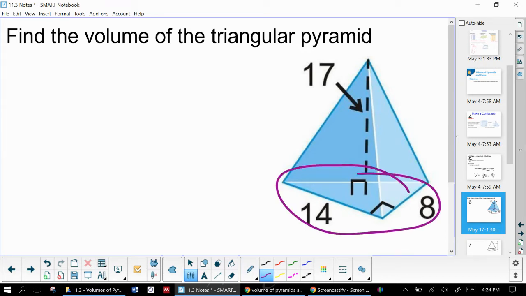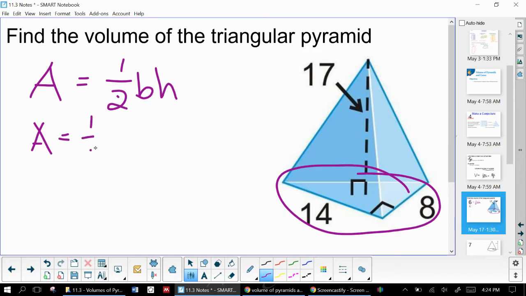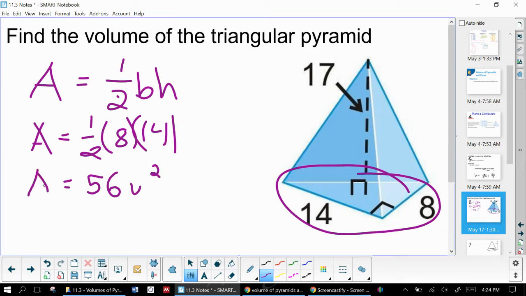And we're going to find, first of all, the area of that base. And since it's a triangle, we've got 1/2 times the base of the triangle times the height of the triangle, which is 8 and 14. So area equals 1/2 times 8 times 14. And ask your calculator what that is, but that's going to be 56 units squared. That's the area of the base.